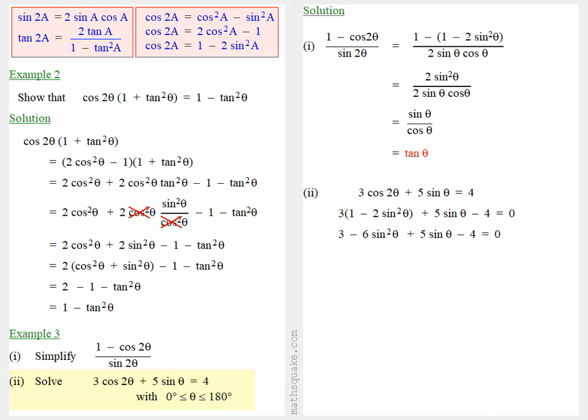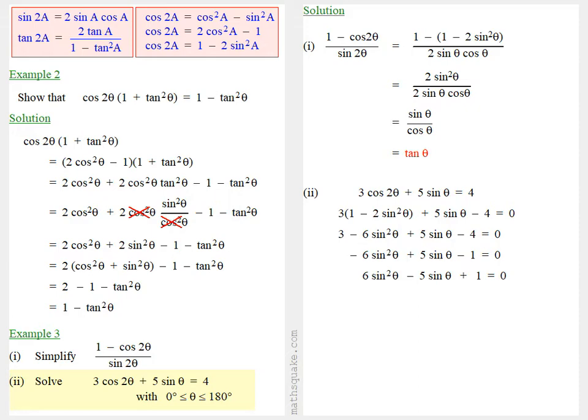And 3 minus 4 is equal to minus 1, so we've got minus 6 sine squared theta plus 5 sine theta minus 1 equals 0, or if we multiply all the way through by minus 1, that gives us 6 sine squared theta minus 5 sine theta plus 1 is equal to 0.